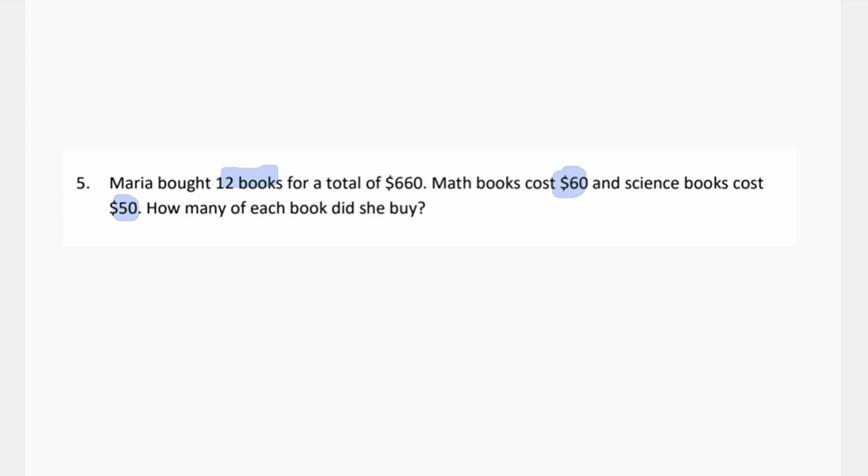I believe you can solve this problem using a system of equations, that is, simultaneous linear equations. But for me, I will take a systematic approach. Let me form a table.